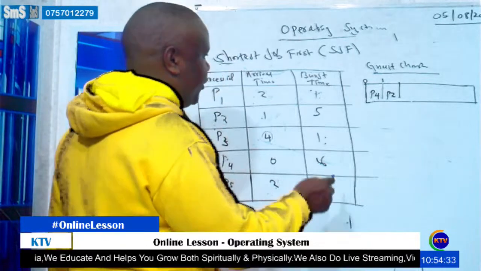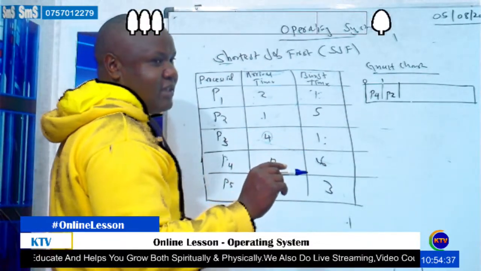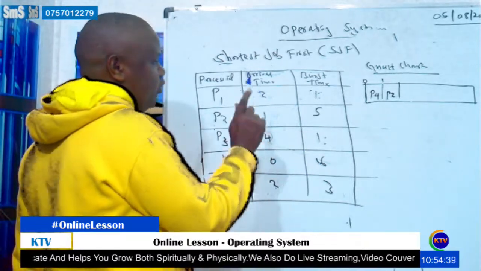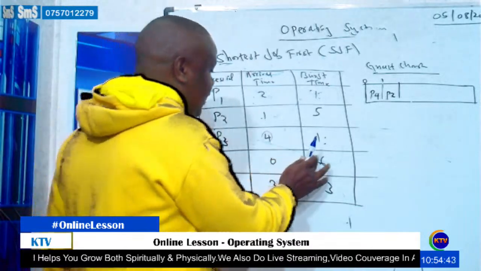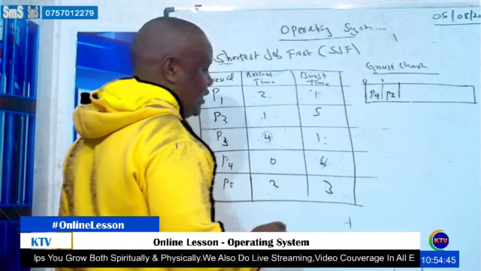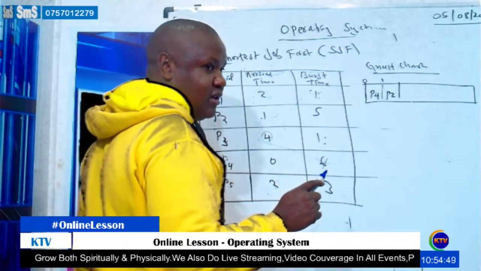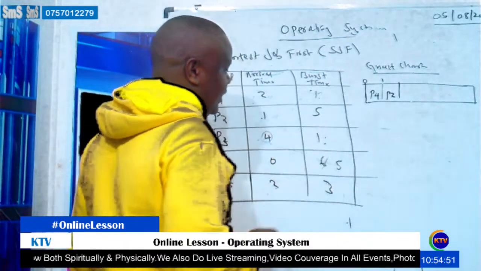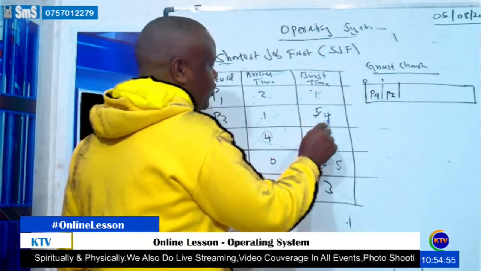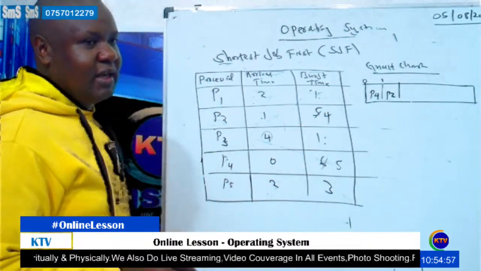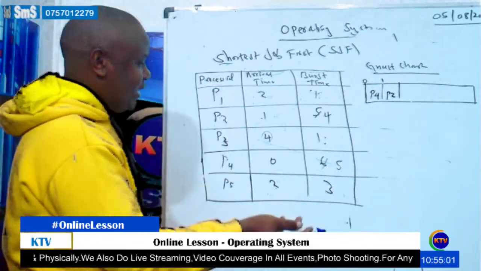So process 2 only took 1 minute before it was preempted. So this one has a remaining time of how many minutes? 5. It has 5 minutes remaining, and this one has 4 minutes remaining. Are you getting? And it was preempted.